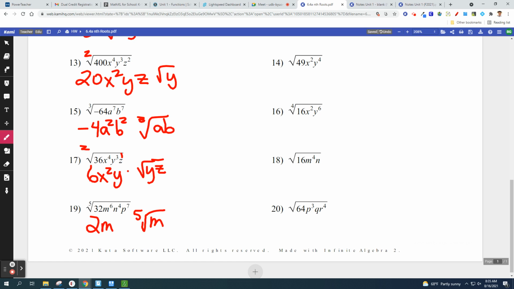So 0 come out, and 4 are left in, so into the 4th. 5 goes into 7, how many times? Once. So 1 comes out with how many remainders? How many left over? 2. So 2 stay in. And that's it.